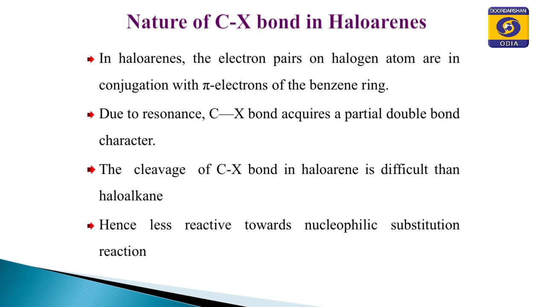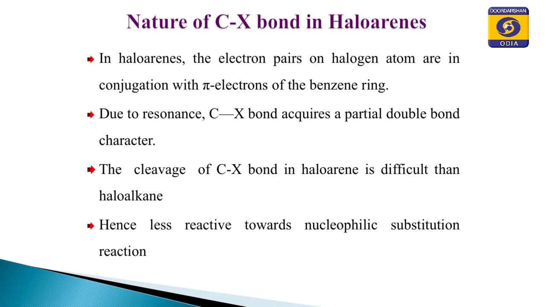So, due to this, the concept of resonance arises, or we say that due to resonance a partial double bond character develops in the C-X bond, that is the carbon-halogen bond, which was initially a single bond. Now it acquires some partial double bond character.